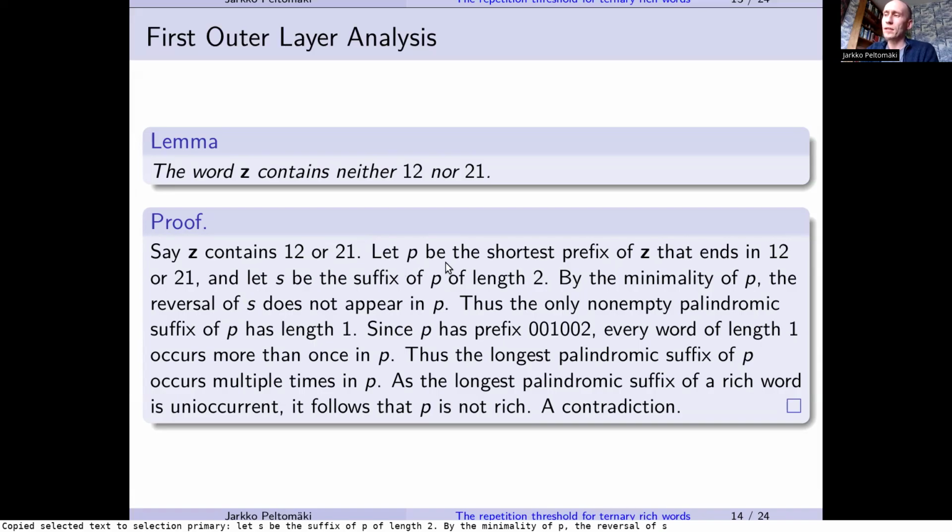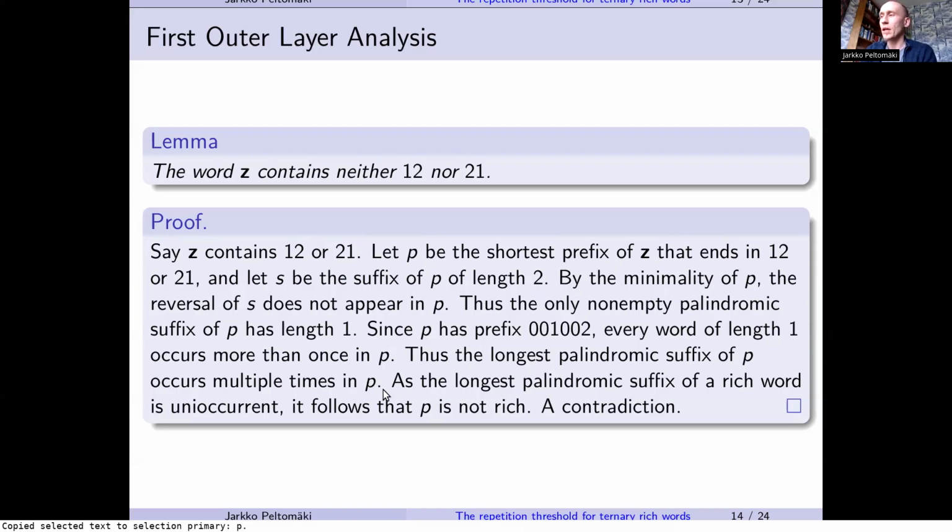But on the other hand, we know that P has this word as a prefix, so every word of length 1 already occurs in P before this suffix S.